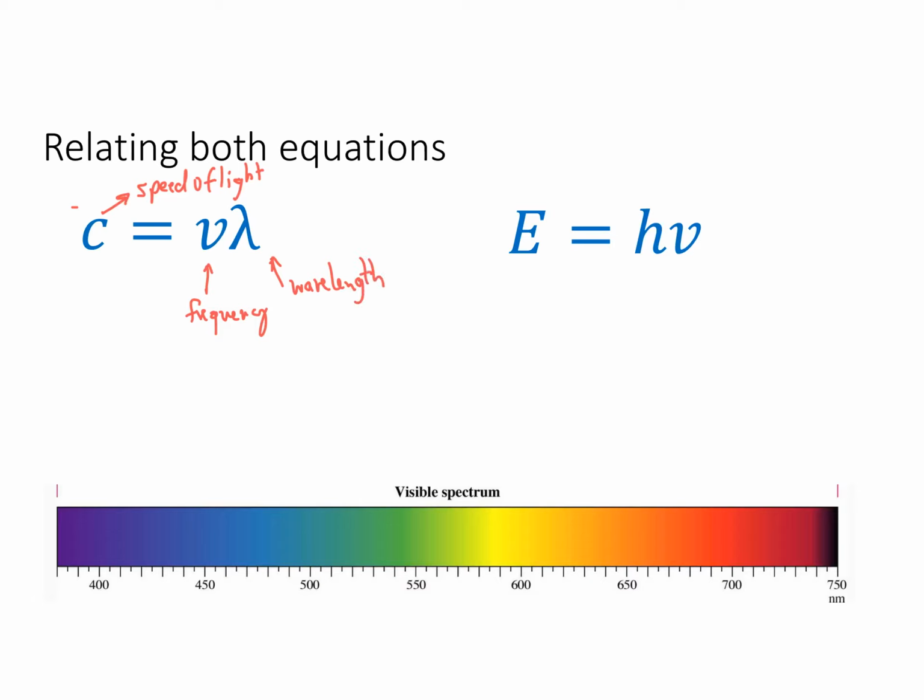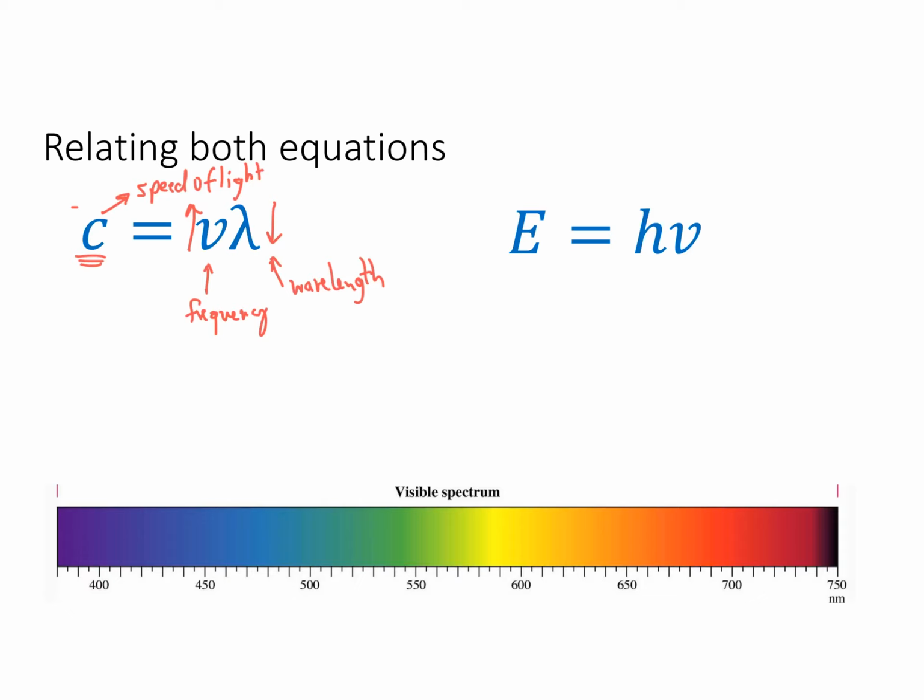What is important in this case is their inverse relationship. Because the speed of light is a constant, the product of frequency and wavelength cannot change. That needs to remain the speed of light. So if my frequency increases, my wavelength needs to decrease. So I have an inverse relationship there.